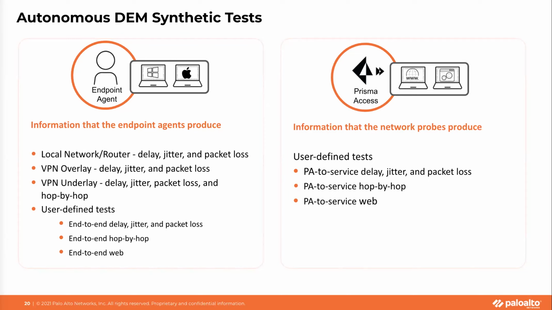This synthetic test can be set up for specific users to assess their digital experience, and for specific apps. And you can see the information that the endpoint agent produces, which includes the local network router, delay, jitter, and packet loss, VPN overlay, VPN underlay, and some of the user-defined tests, which include information regarding end-to-end delay, jitter, and packet loss.